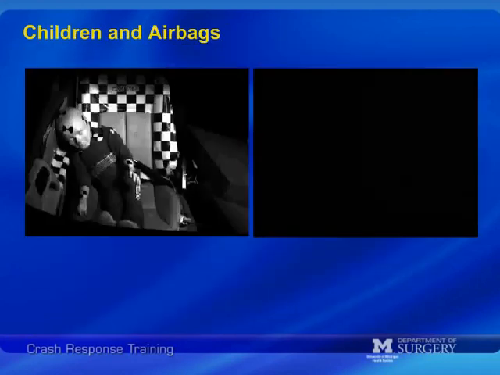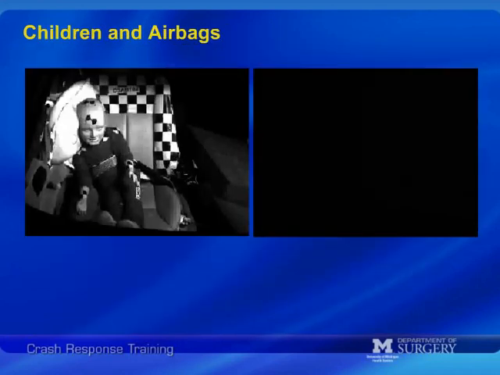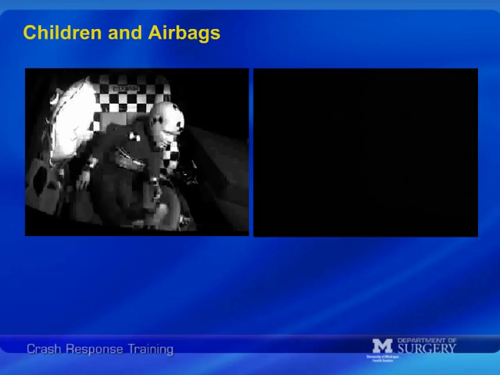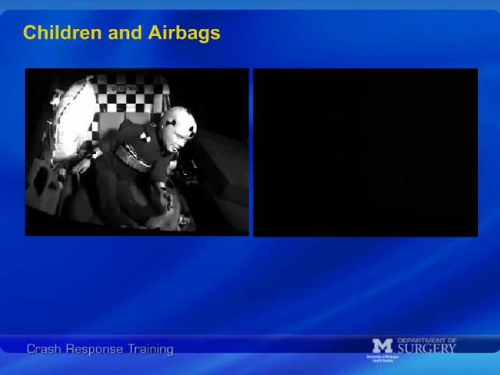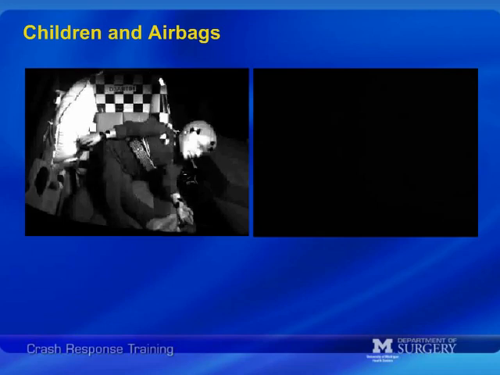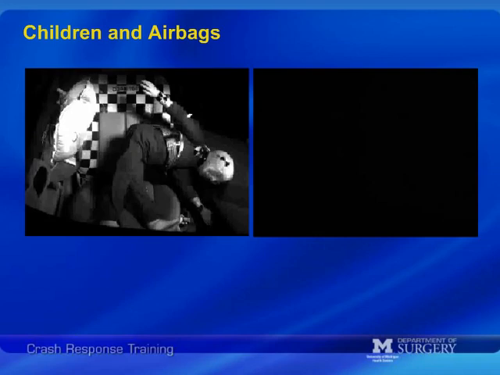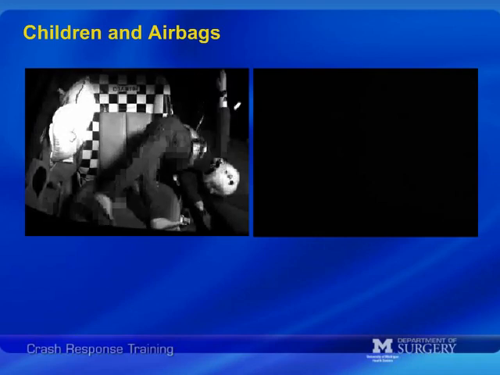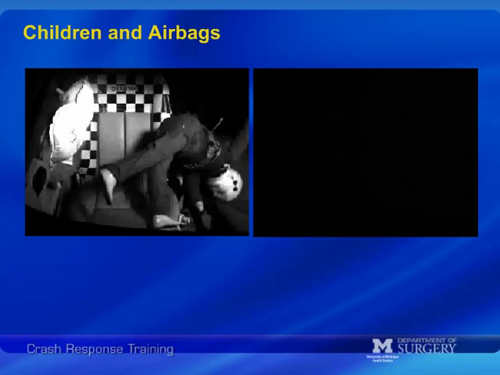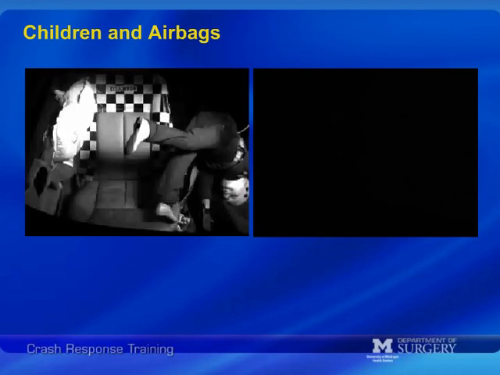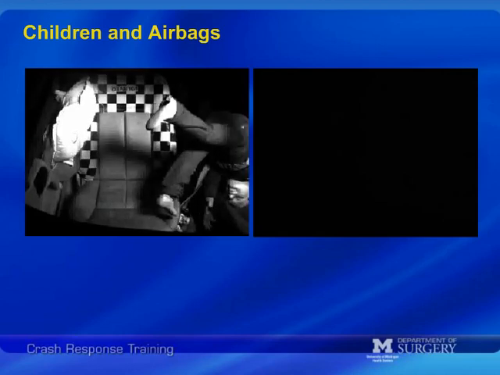Let's take a look at some additional videos that just illustrate the force of an airbag and how dangerous that force can be to a child. You can see here in this video on the left what happens when a side airbag deploys near the head of a child. It takes the head and flings it across the car with the child's body following.